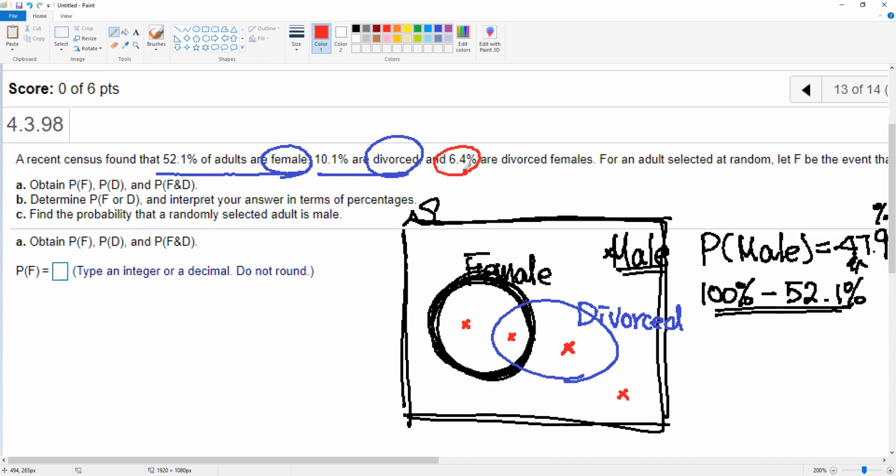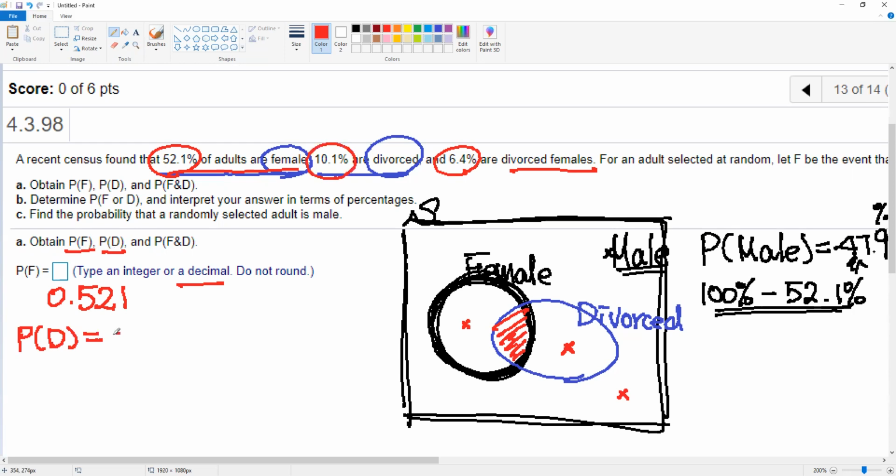Okay, now, 6.4% is a divorced female. That is in the middle. So now, probability of female was given, but it asks us for answers as decimals. So it will be 0.521. The next question is, what is the probability of divorced? Probability of D was 10.1%.